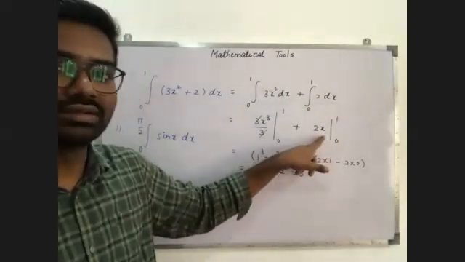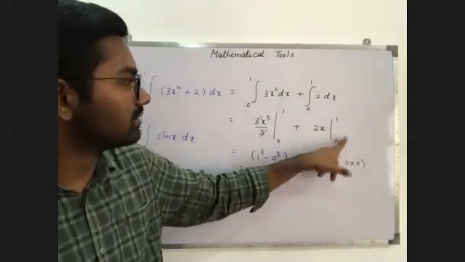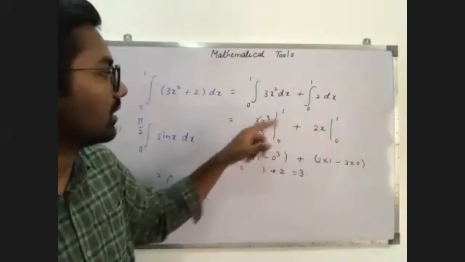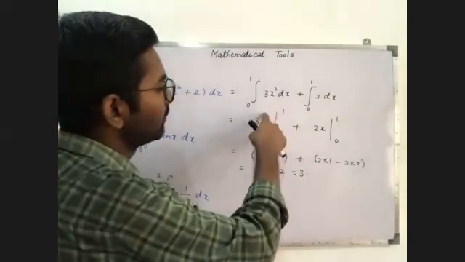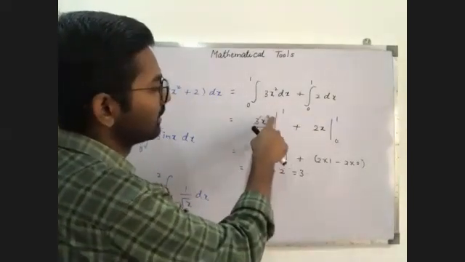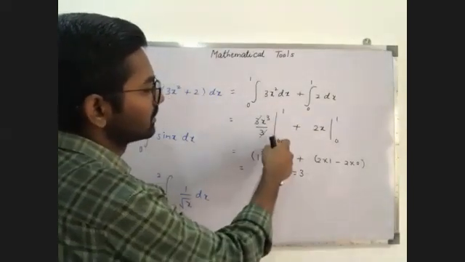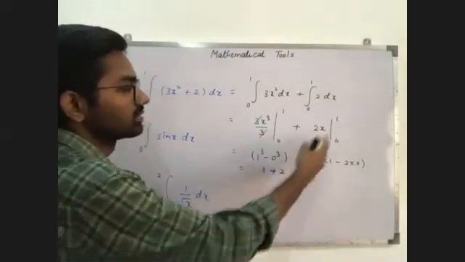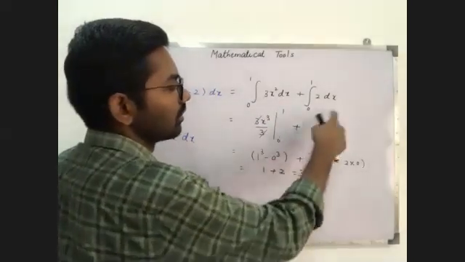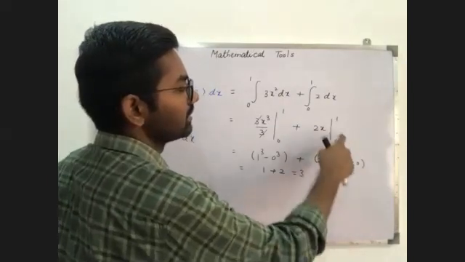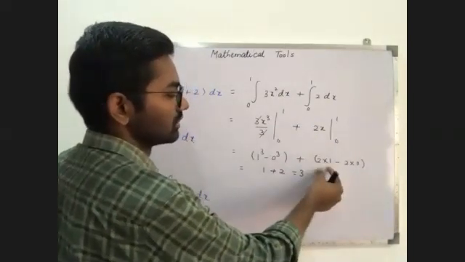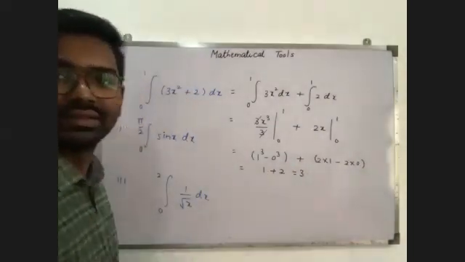Integration dx is x. So 2x, 0 to 1. Now put the limit. First I have to put the upper limit in the variable. So 1 cube minus lower limit 0 cube plus 2 into upper limit 1 minus 2 into 0. So this is 1, this is 2, 1 plus 2, 3. Is it clear now?